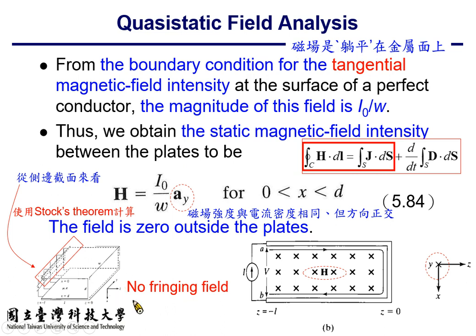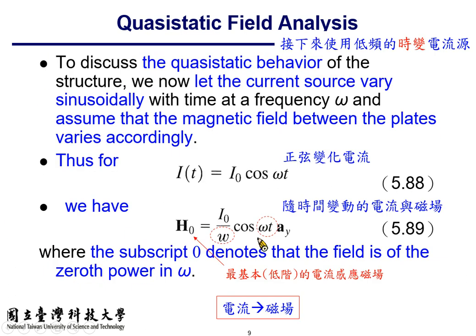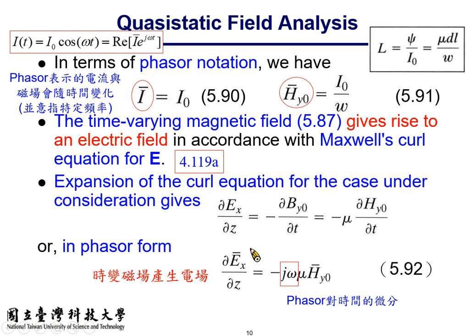It's actually pointing downward, so Ex is in the minus x direction. That's the reason why we don't have a negative sign over here, because Ex is pointing downward.